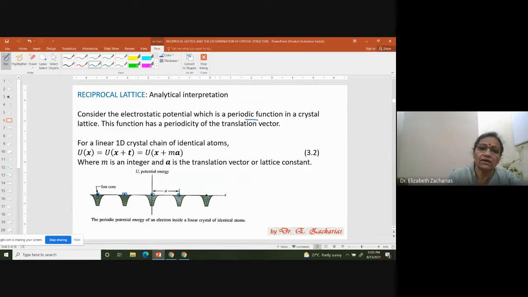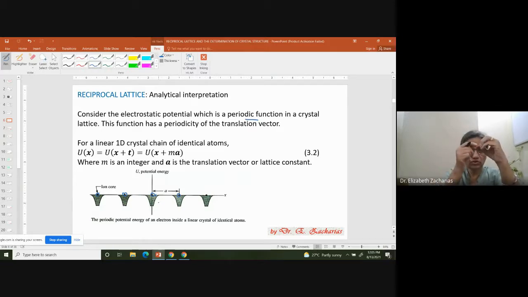And around the positive ion, there is going to be a potential energy whenever an electron comes into this space. This electron would be having some energy. And if you remember the formula 1 by 4 pi epsilon naught q1 q2 by r, the potential energy will be negative when a positive ion and an electron are in the vicinity of each other.